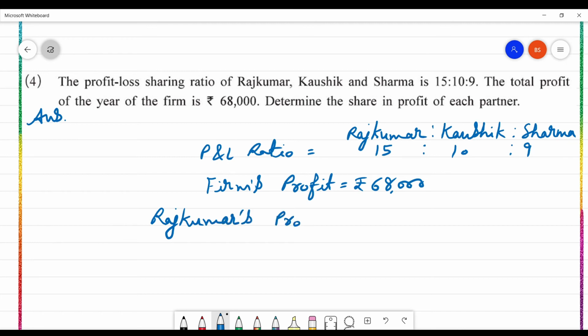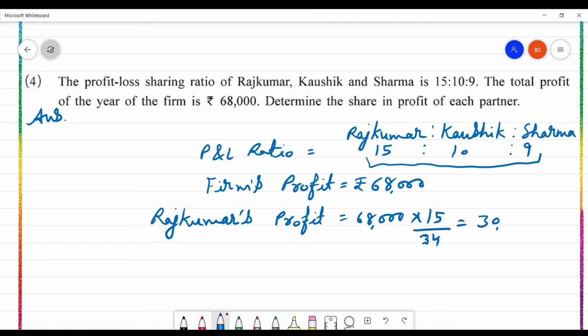Rajkumar's profit equals 68,000 into 15. His share is 15 divided by total of all the three ratios, 34. It comes 30,000.